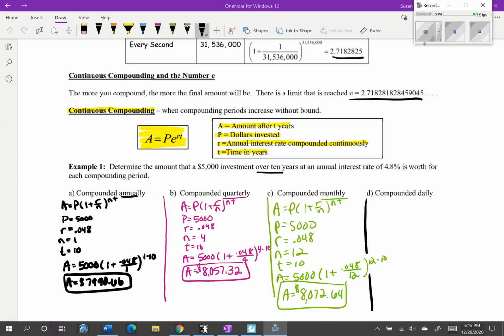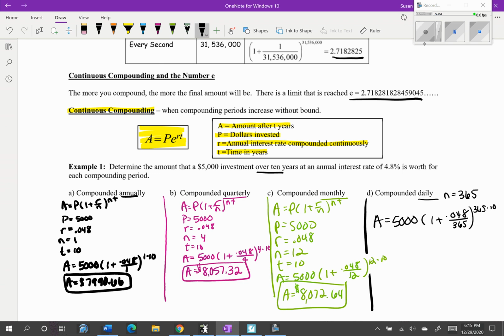And the last one, we are compounding daily. So now our N value is going to be 365, and all the rest of the values are the same. So if we plug this into our formula, A is equal to 5,000 times 1 plus 0.048 divided by 365, to the 365 times 10.